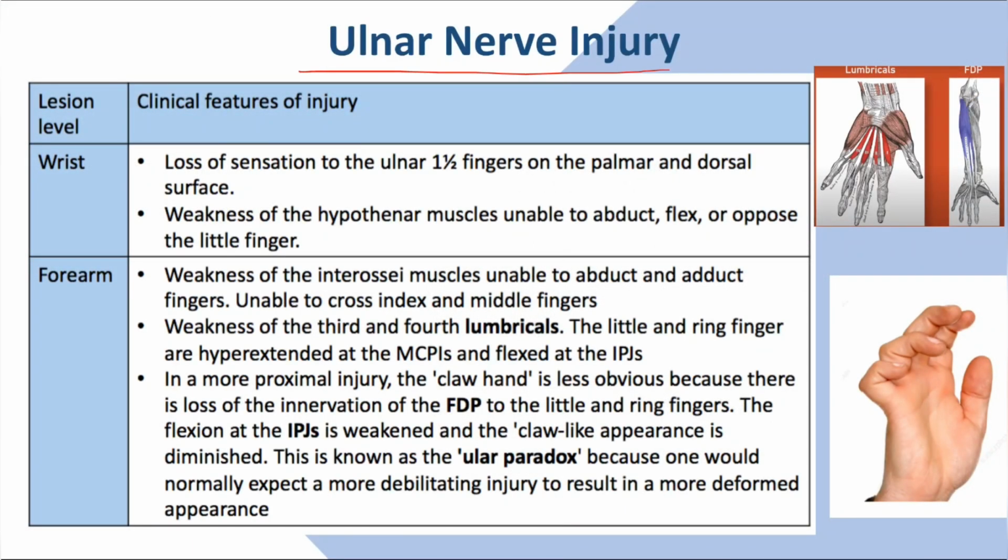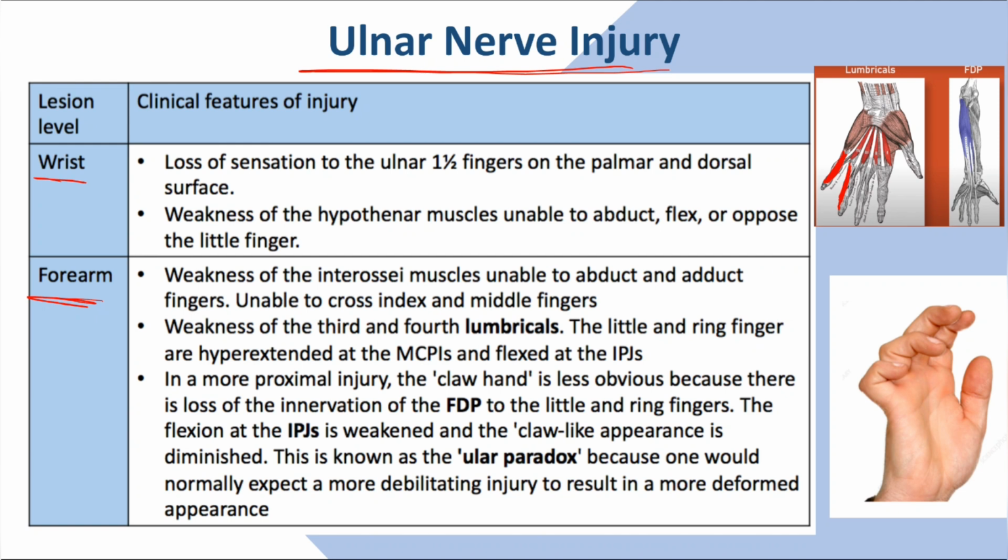Coming to the ulnar nerve injury, it can happen at the wrist or more proximal at the forearm. What will happen? There will be loss of sensation of the little finger and also the ulnar half of the ring finger.